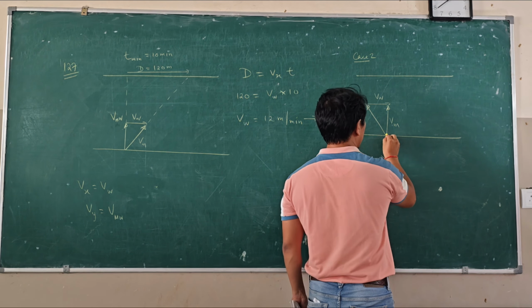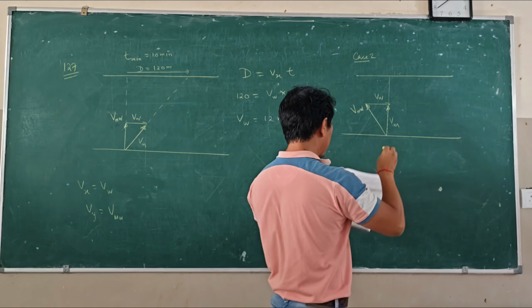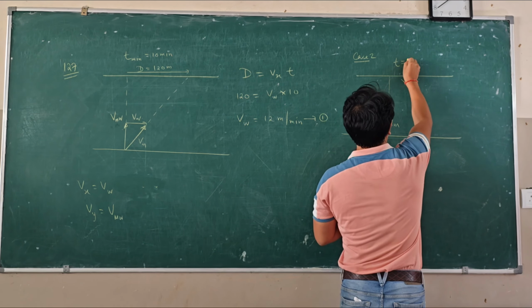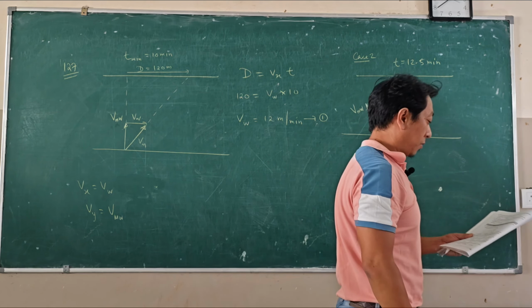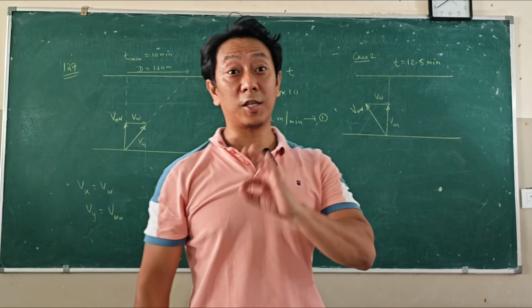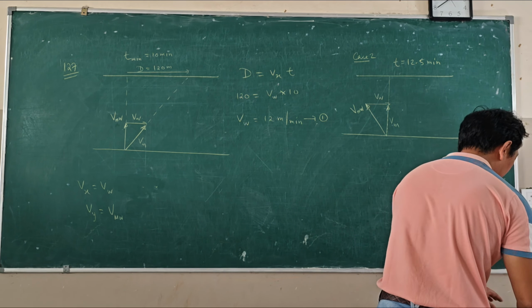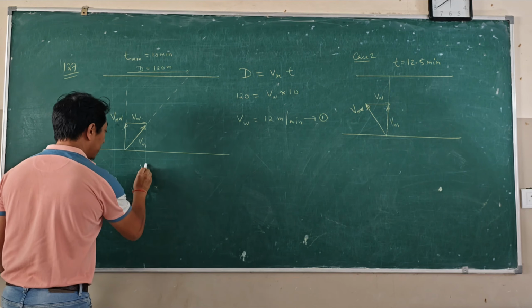Correct? So he will cross the river like this from the ground frame. This time, how much time did he take? 12.5 minutes. What do they want? The velocity of the man, I mean the boat, with respect to water, meaning in still water. So we are supposed to calculate in this problem Vmw.